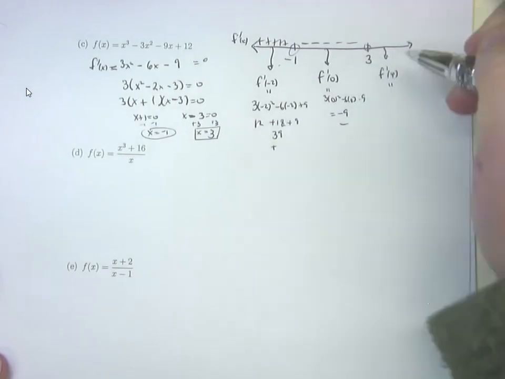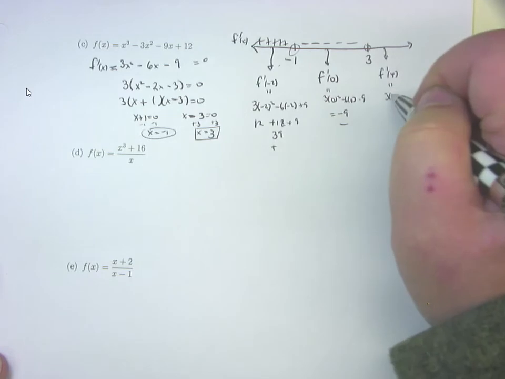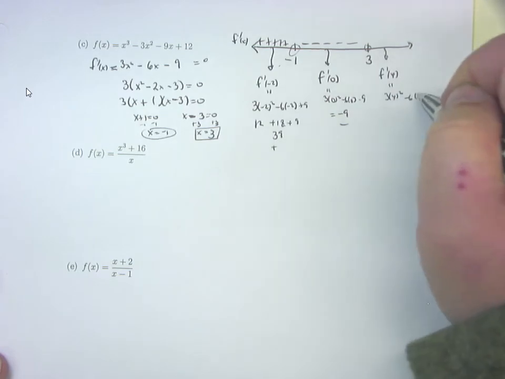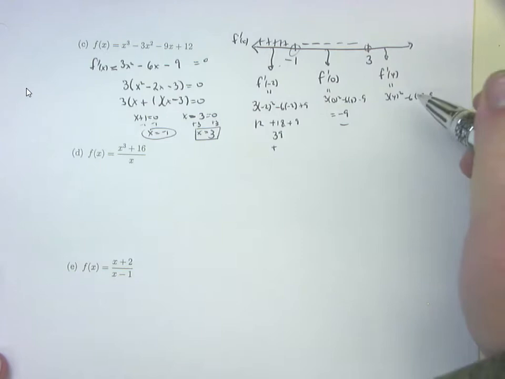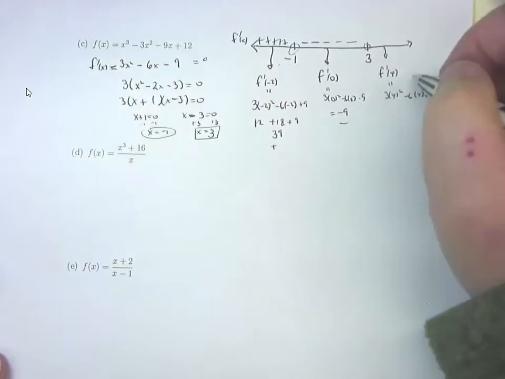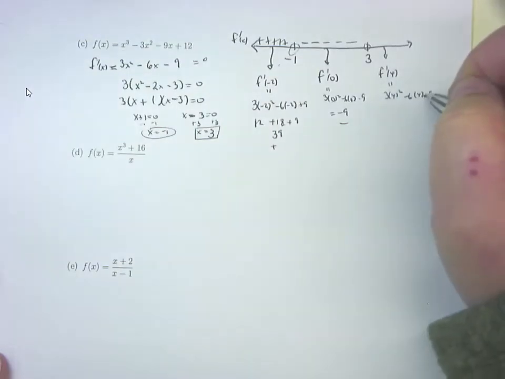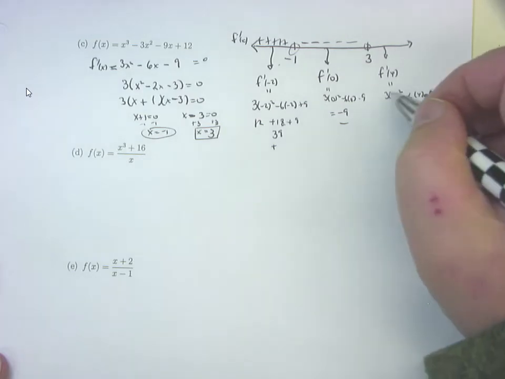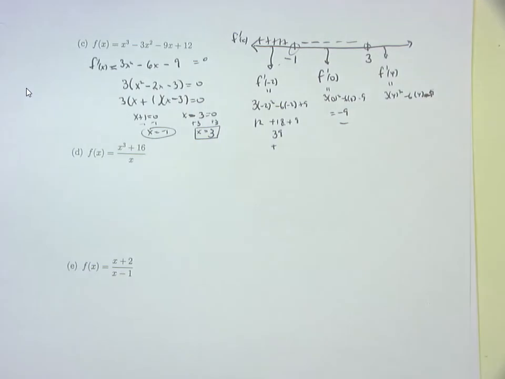F prime of 4 is going to be 3 times 4 squared minus 6 times 4 plus 9. That should be minus 9. I don't know where plus 9 came from. Minus 9. And 4 squared is 16, and 16 times 3 is 48.